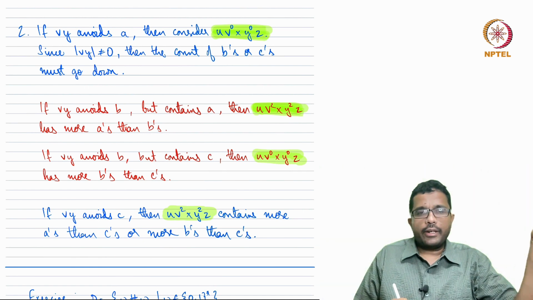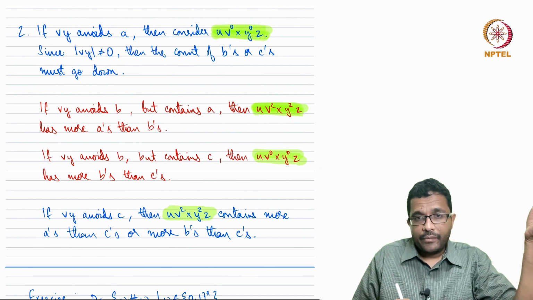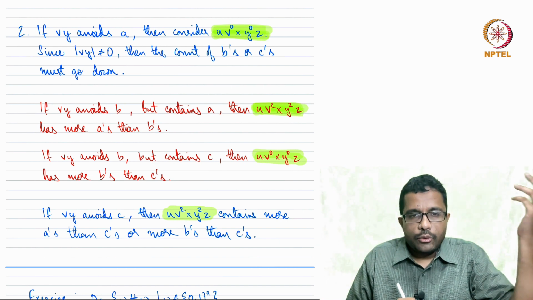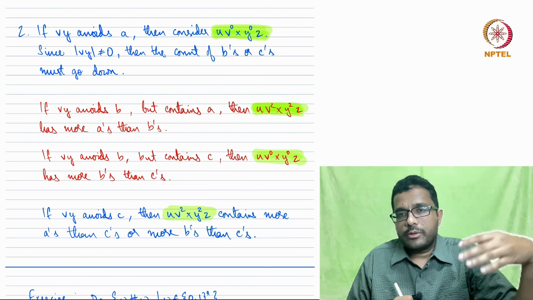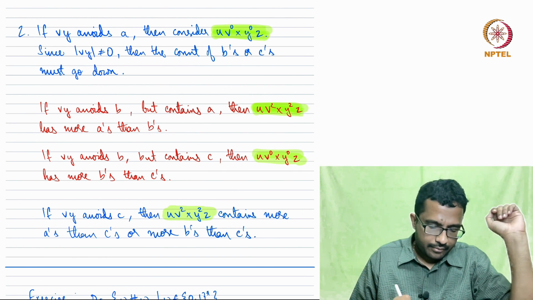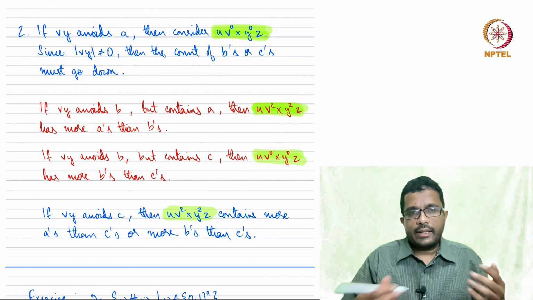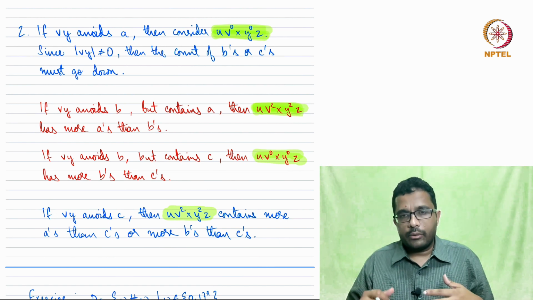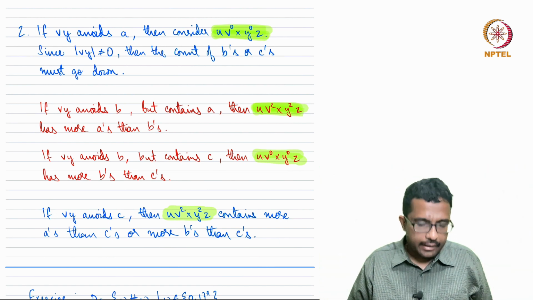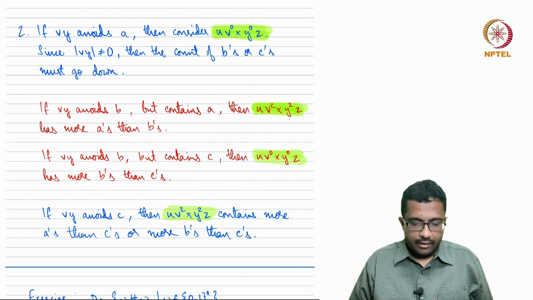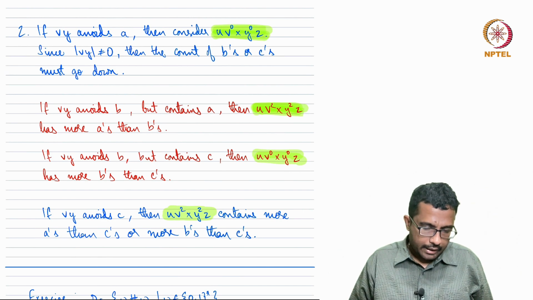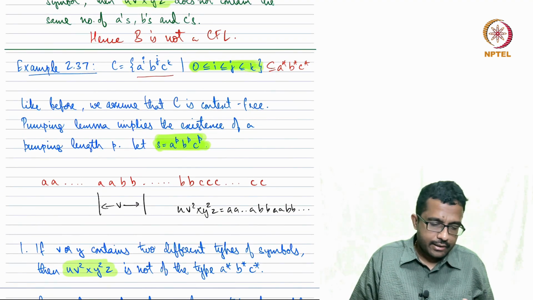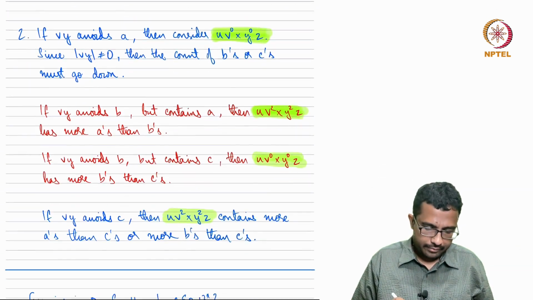So whichever one it avoids, A, B or C, you can accordingly pump up or down and get a string that is not in the language C. So again, this language C is also not context free.